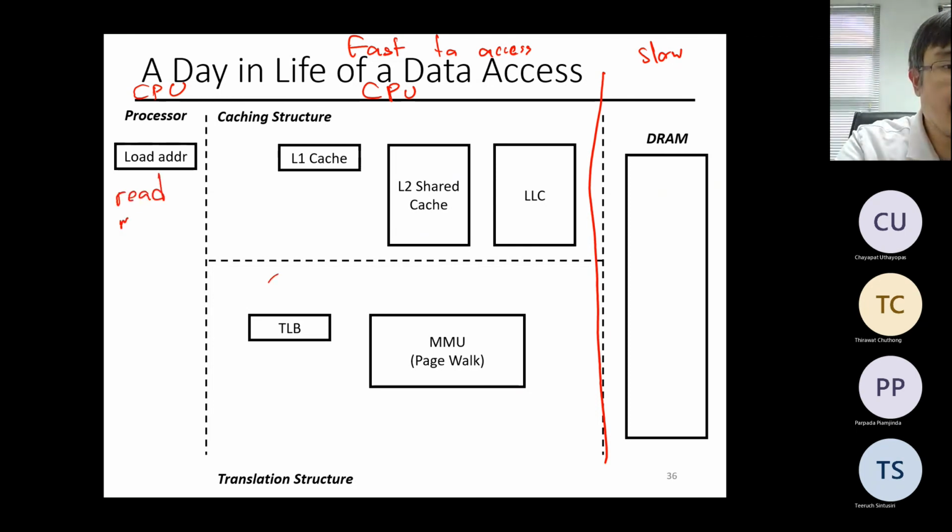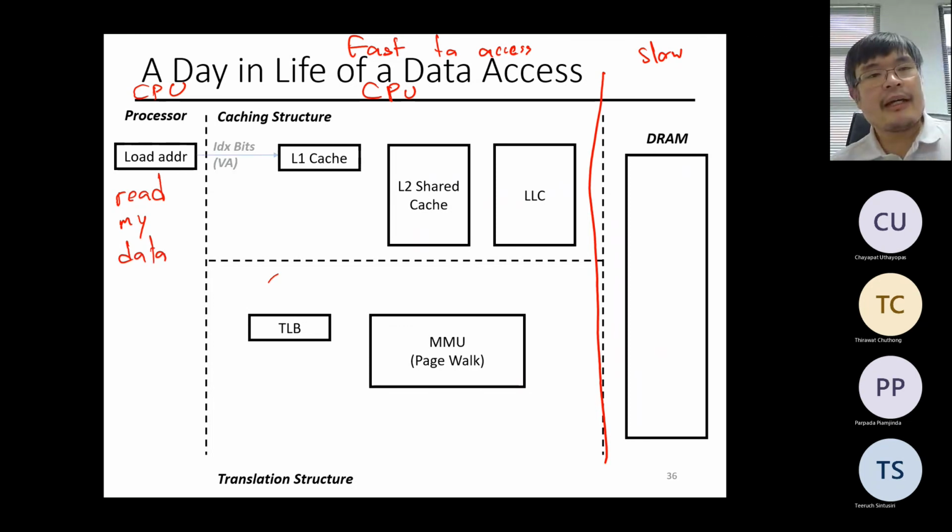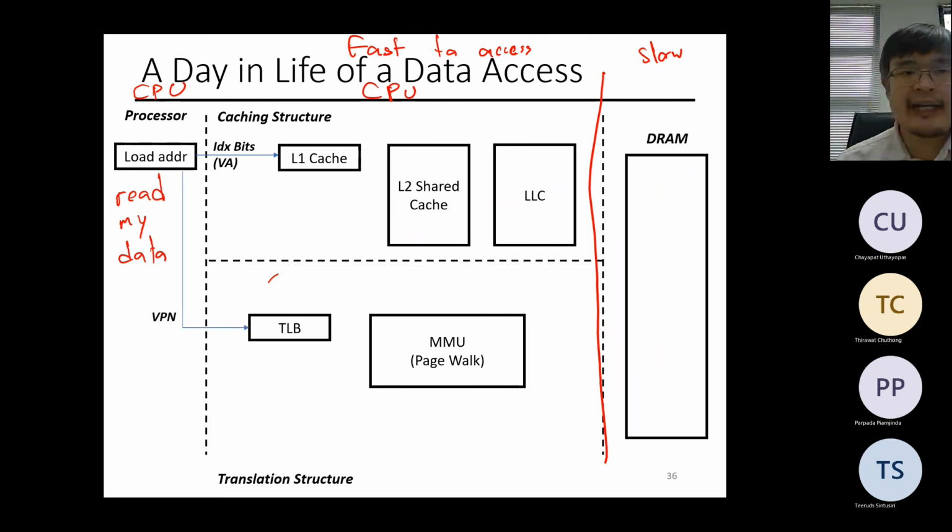What happens? I'll take the index bits from the virtual address to check the L1 cache. At the same time, I'll take the virtual page number, VPN, to check the TLB. If my VPN is in the TLB, it means I can get the physical address, which I can use as the tag bits.